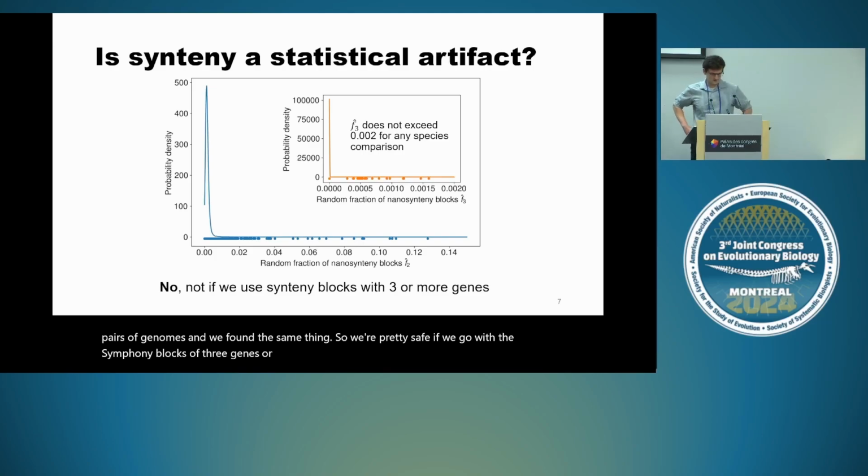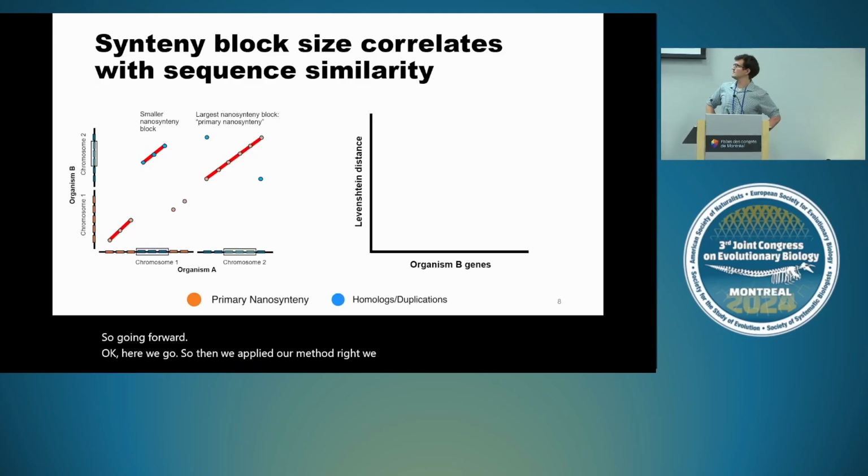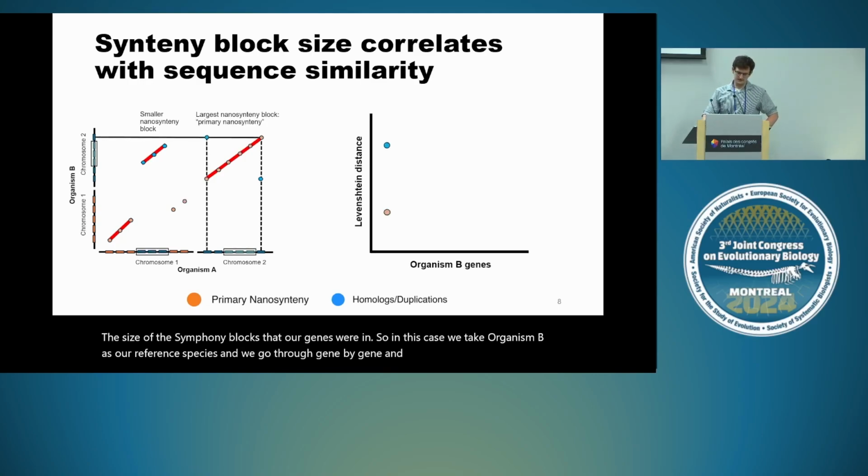So going forward, we applied our method. We just looked for the size of the synteny blocks that our genes were in. In this case, we take organism B as our reference species, and we go through gene by gene and look at the genes that are homologous to that in organism A in this example. And then we measure Levenshtein distance to tell us how similar the two sequences are.